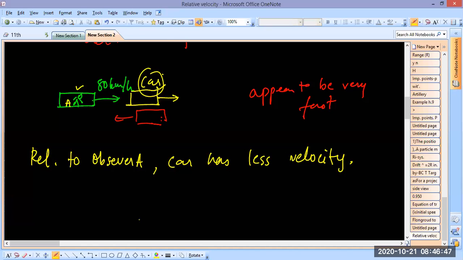But suppose this was a truck coming from the opposite side. It would appear to be moving fast. So what is going on over here? That's what we're going to talk about.